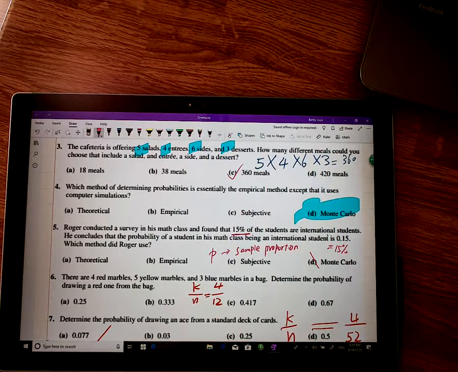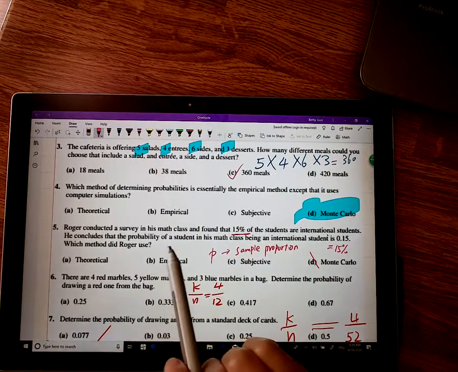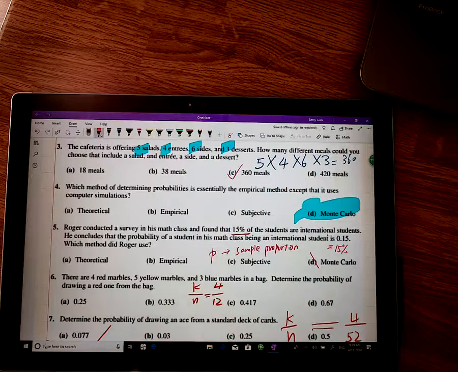Okay, it's just a sample. It's just an approximation. The probability of a student in his math class. Yeah, this is a relative frequency approximation probability, or empirical.